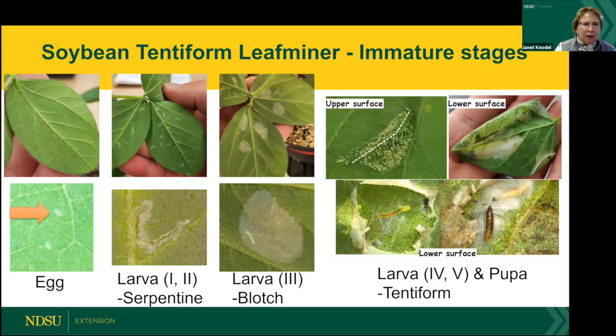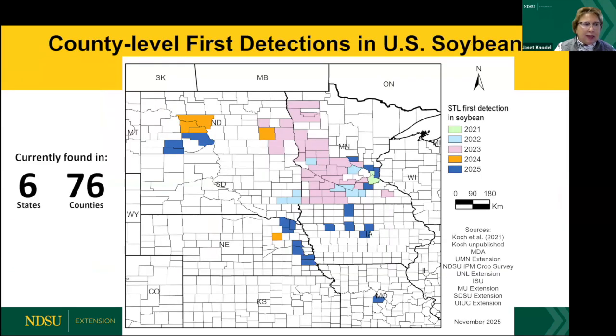But they're very characteristic when you find it, and it's most certainly soybean tentiform leaf miner. Right now, it's found in 6 states and 76 counties, and we have it in 12 counties in North Dakota, in the southeast and the west central region. So it does look like it's probably been here, but we're just finding it.